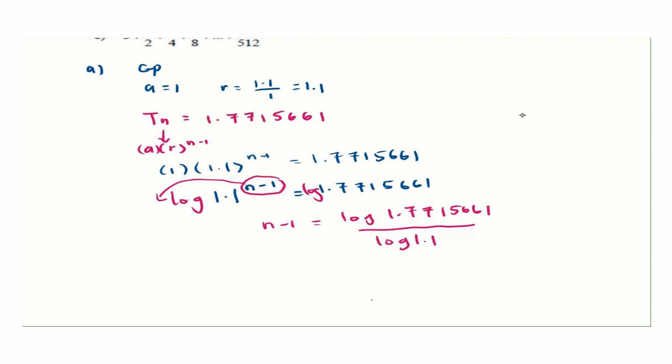Then we calculate and we get 6. So n minus 1 is equal to 6, and finally we get the number of terms equals 7. So now we know there are 7 terms in this series.